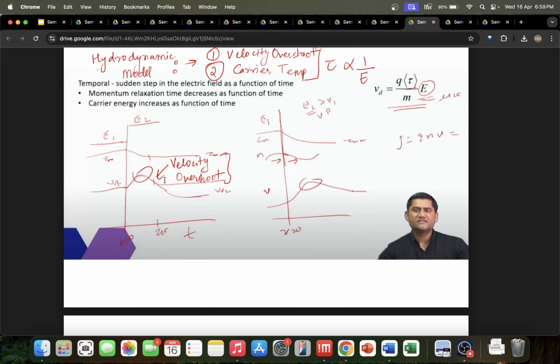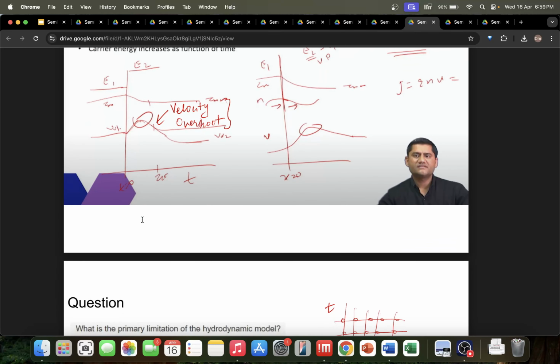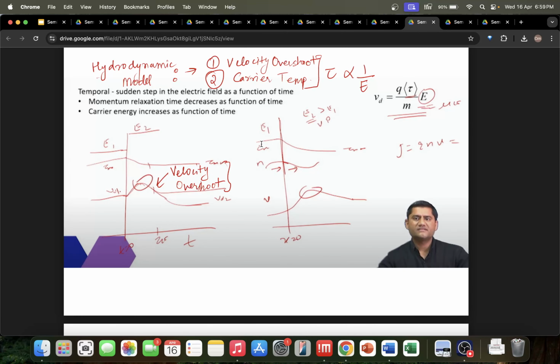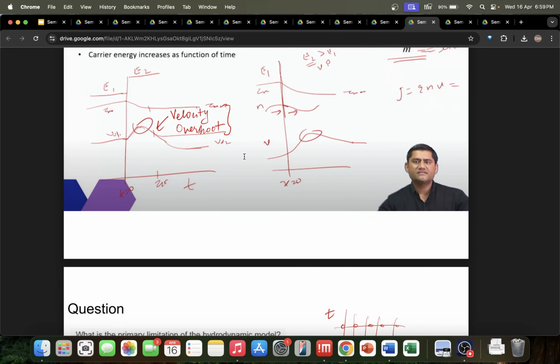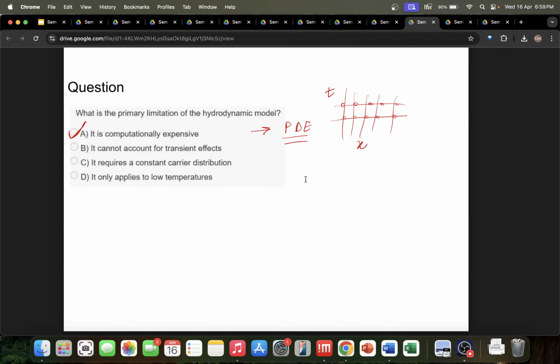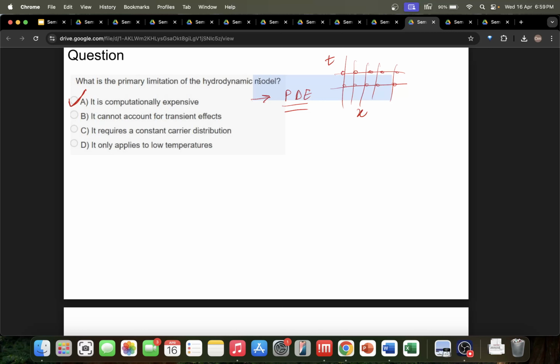We saw what velocity overshoot is and why it happens: due to the transient nature of electrons, nothing can change instantaneously. A limitation of the hydrodynamic model is that it must solve multiple partial differential equations at different intersection points of the grids. It's computationally expensive.